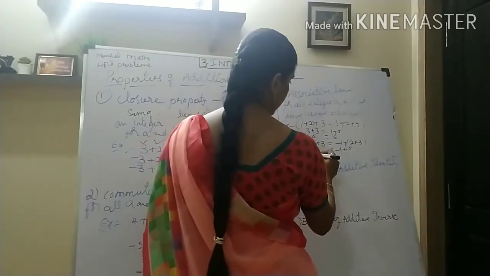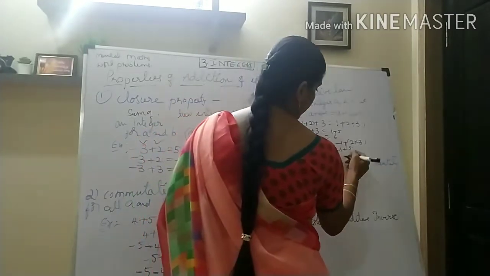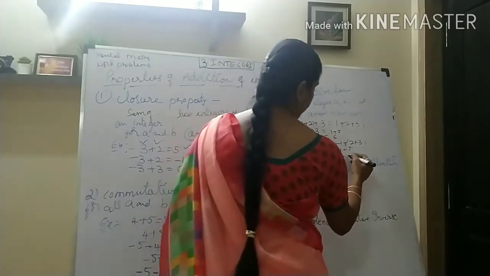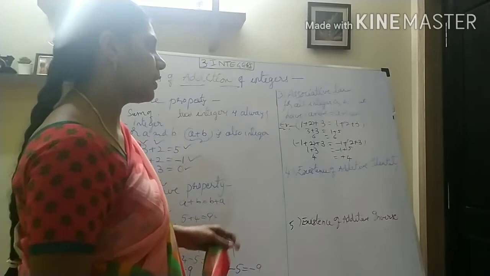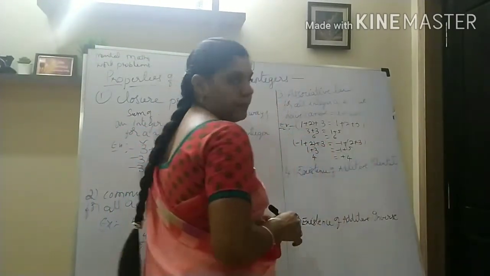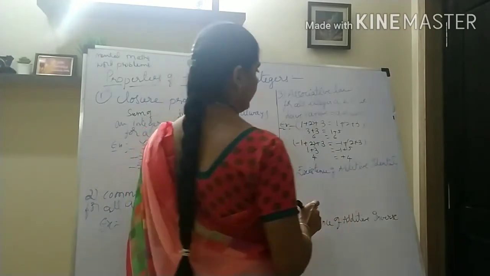Now here we are getting plus 4. Here also the bigger number sign is plus. 5 minus 1, 4. Now 4 equal to 4. That time also you are getting an integer only. So both are equal. A plus B plus C is equal to A plus B plus C.